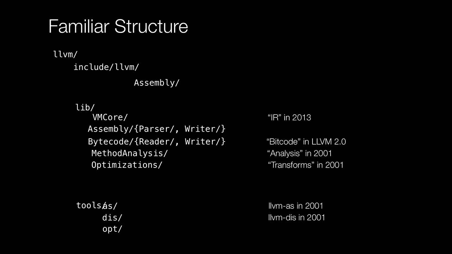AS became LLVM AS, also quite early on. The bytecode became bitcode when we rewrote it all in the LLVM 2.0 timeframe. Method analysis eventually figured out that there was nothing really method about it, and again, the Java aspect didn't really pan out, but it's actually a fairly similar structure to what we're I guess stuck with today.